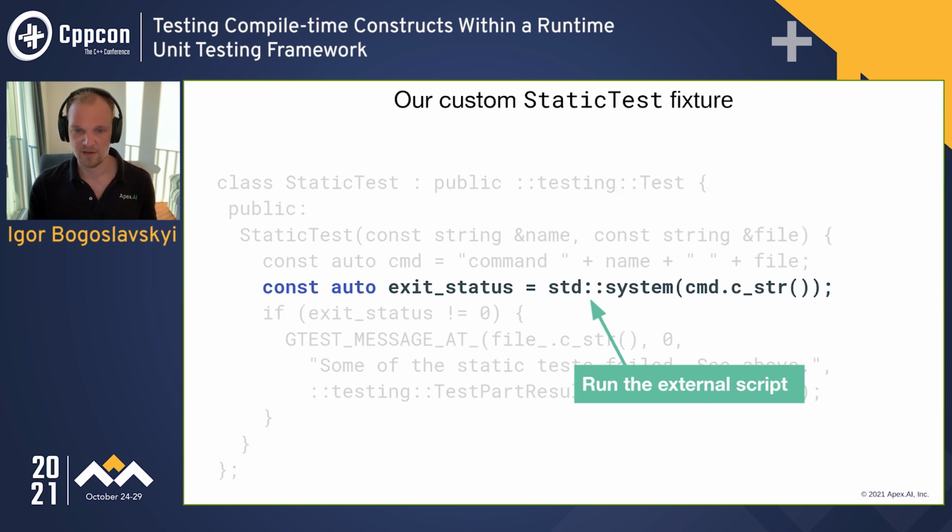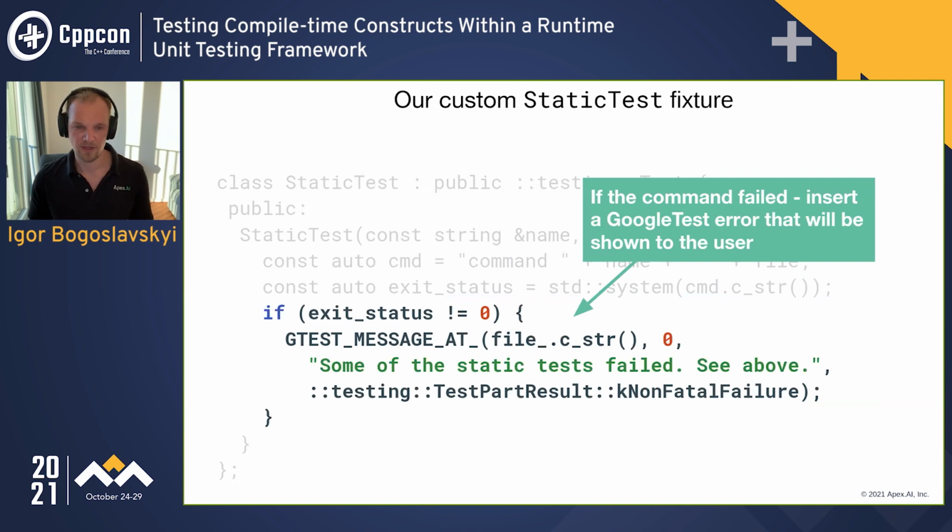And then the final step, last but not least, we have to check if the exit status is what we expect. We expect a 0 for success. So our script must succeed in failing to compile everything, if that makes any sense.